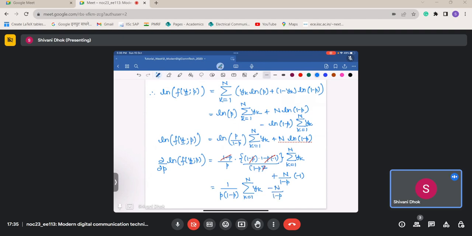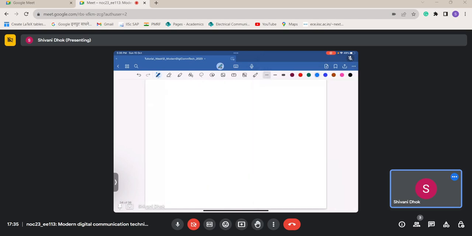So at p hat, this should go to 0. Therefore, at p equal to p hat, we have 1 upon p hat into 1 minus p hat times summation k running from 1 to capital N of yk, minus n upon 1 minus p hat equal to 0.